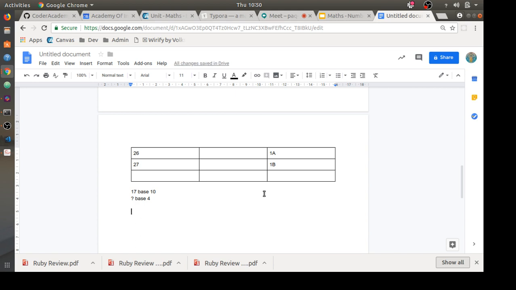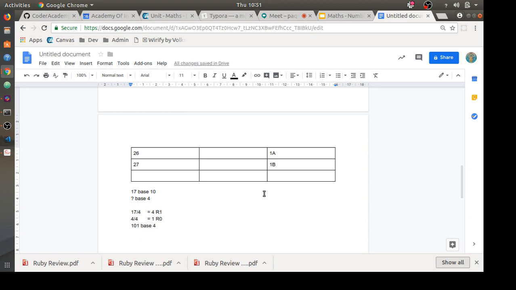Do you remember? Divide. Yeah, divide. So I start with 17 divided by 4, which is 4, remainder 1. And then 4 divided by 4, which is 1, remainder 0. Yep? 1, 0, 1. So it's 101 in base 4.